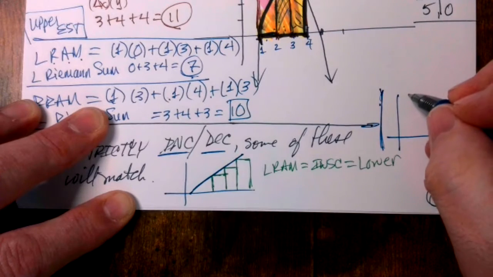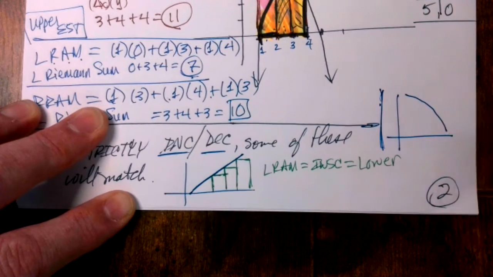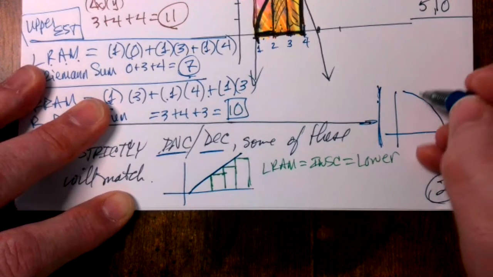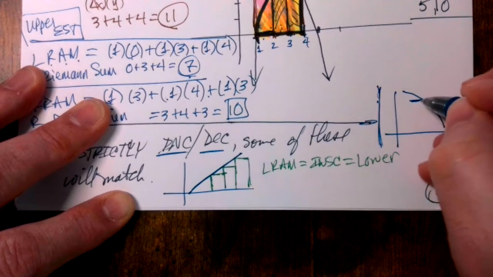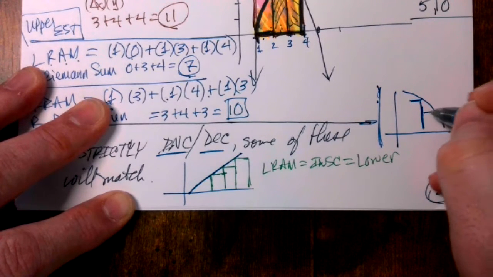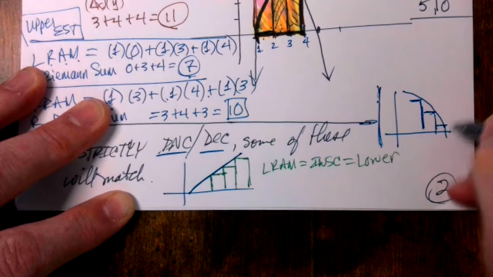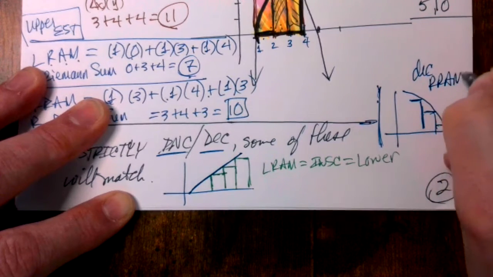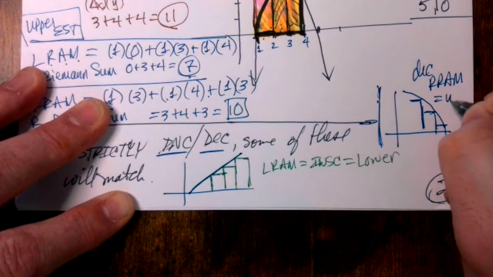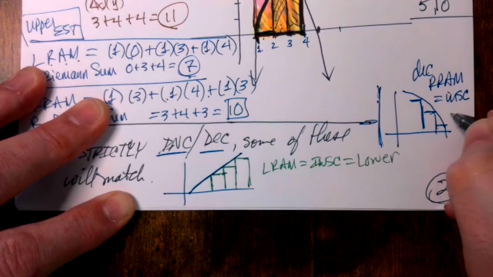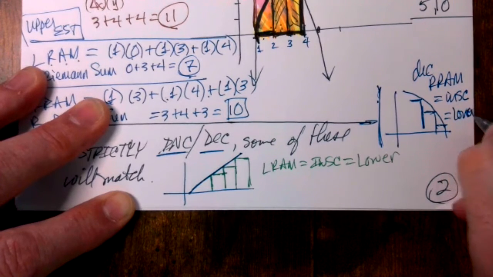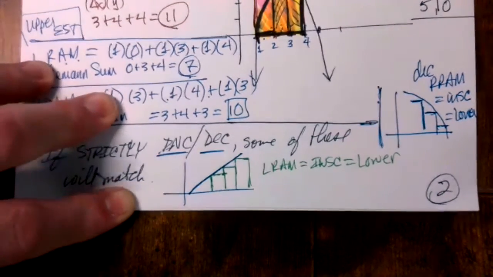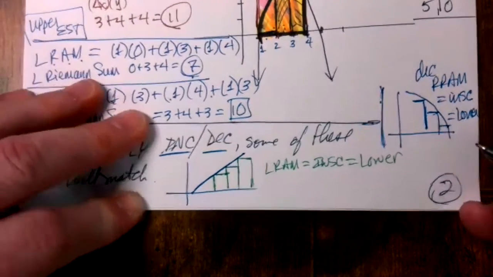If I have something that is strictly decreasing, okay, so it's going down, then it turns out that right RAM, if it's decreasing, then right RAM is the inscribed or the lower. Okay, and I guess the inverse of those, the opposite of those would be true.